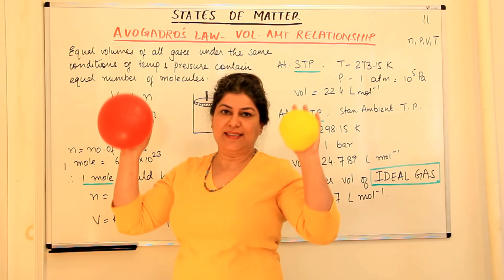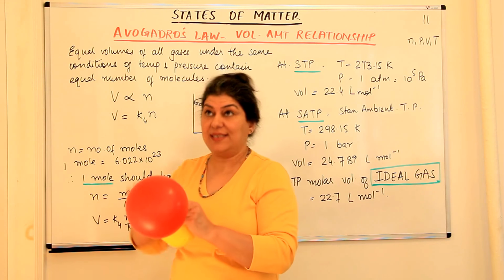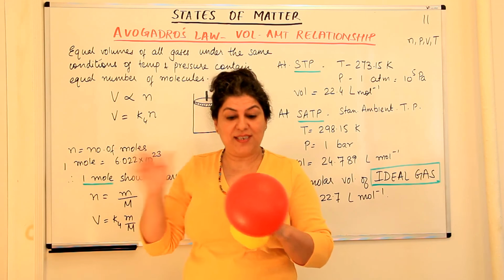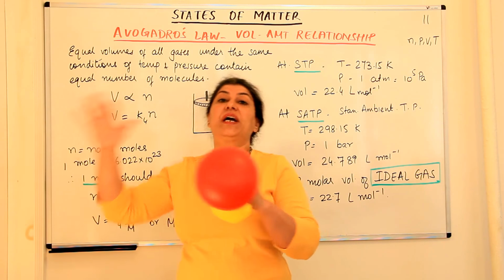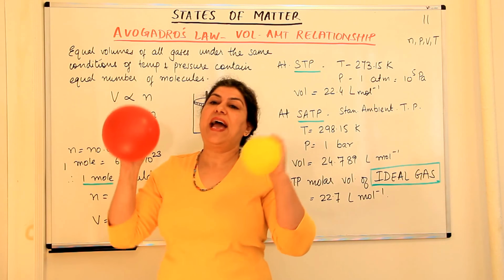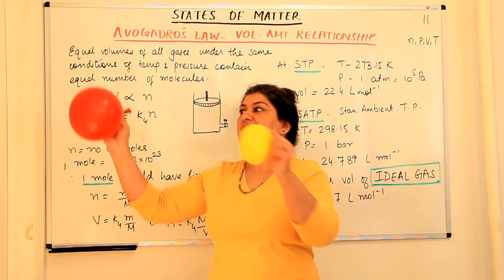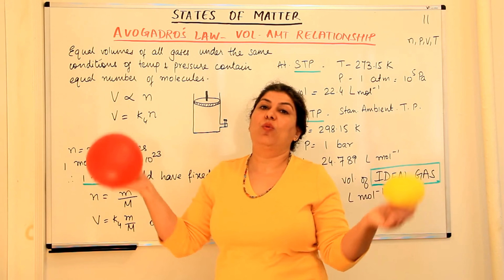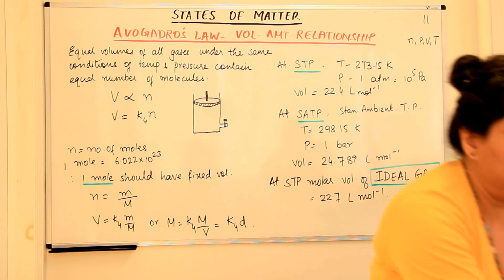It's easy to understand this, that as the number of moles increases, the volume increases, provided the temperature of the room is constant. The temperature of the air inside the balloon is also constant. So if temperature and pressure are constant, then as you keep on adding more and more molecules, the volume increases, and as you decrease the molecules, the volume decreases. So this is one thing that is clear.